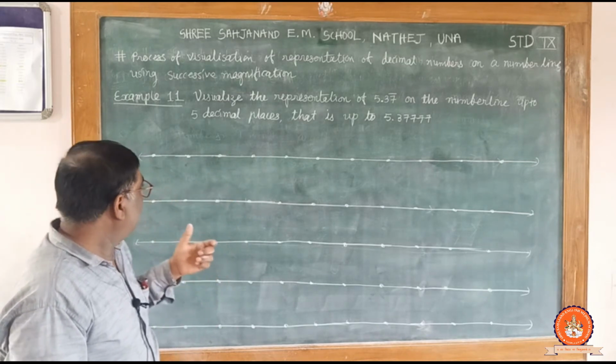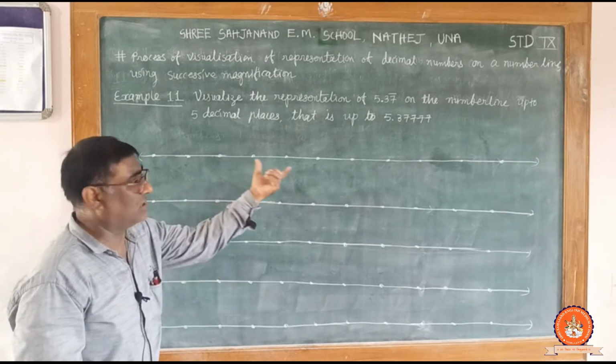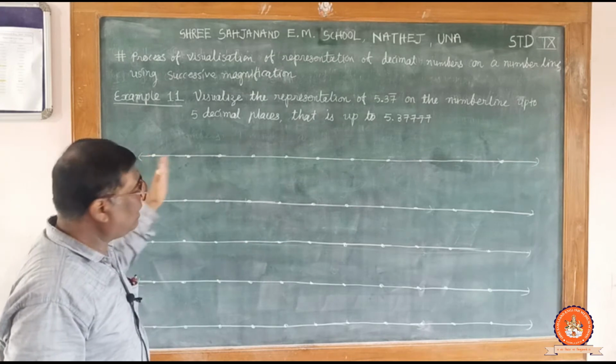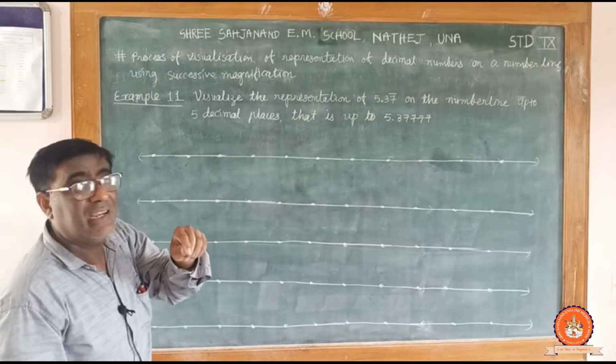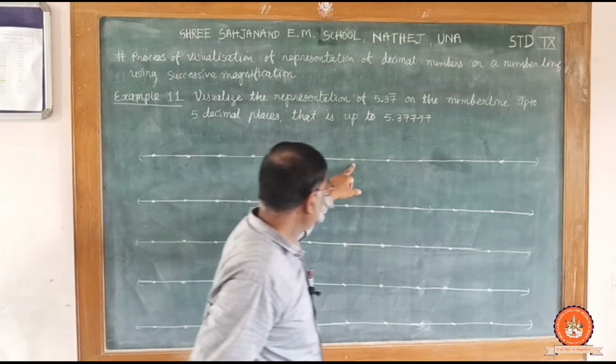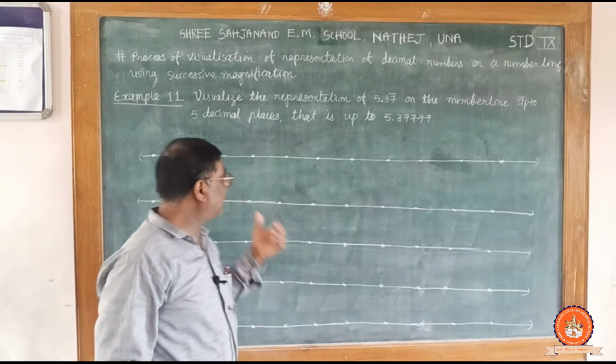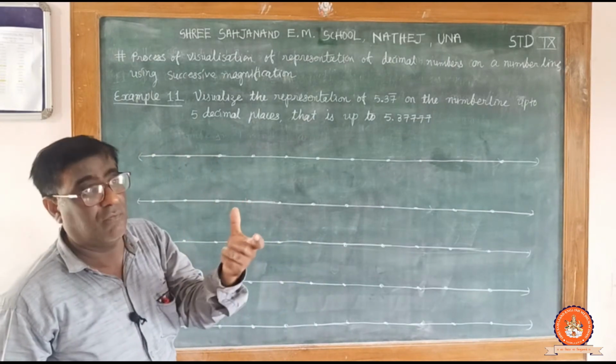Okay, and on each line there must be 10 equal portions. So from beginning to end you have to write 11 points: 1 2 3 4 5 6 7 8 9 10 and 11, which will divide this portion into 10 equal parts.